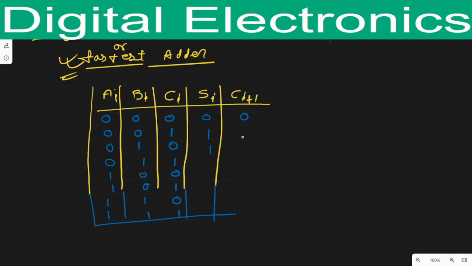In these two conditions carry will be 0. Here carry is 1, sum is 0. Here sum is 1, carry is 0. Here carry is 1, sum is 0. Here carry is 1, sum is 0. Here both sum and carry will be 1.